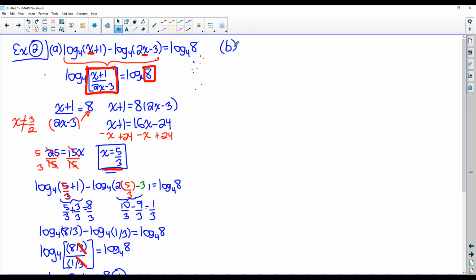So part B is we have log with a base of 6 and an argument of x plus 4 is equal to 1 minus log with a base of 6 and then an argument of x plus 3.